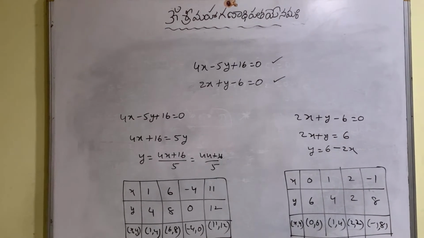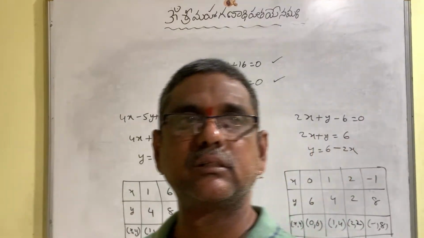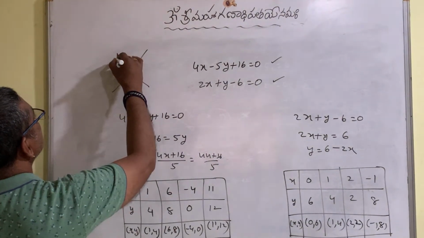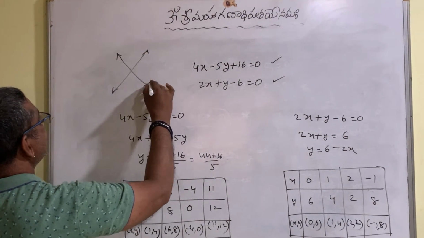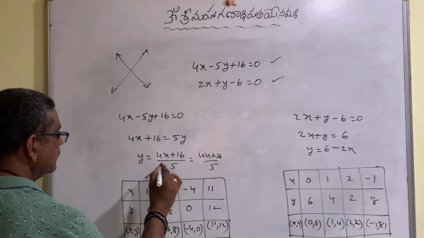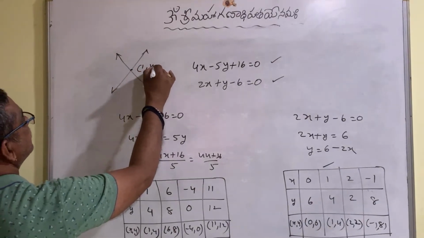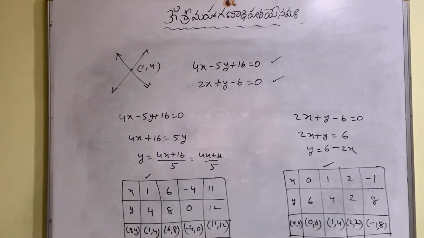Yes, you will get two intersecting lines like this. They will intersect at (1, 4).